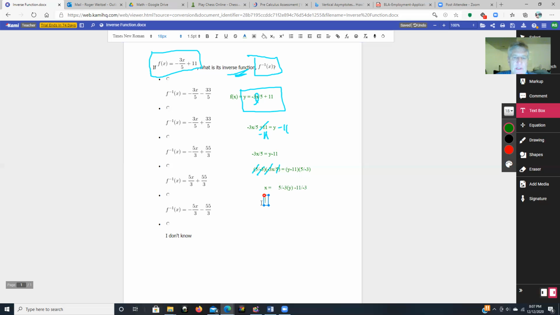All right, this is where we need to be very careful about our signs. We've got negatives here that are going to mess with us. So what we're going to end up with here is minus 5 over 3 times y. And this is where we have a minus and a minus.